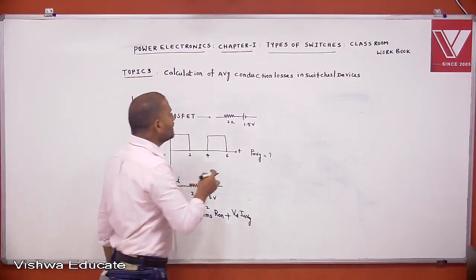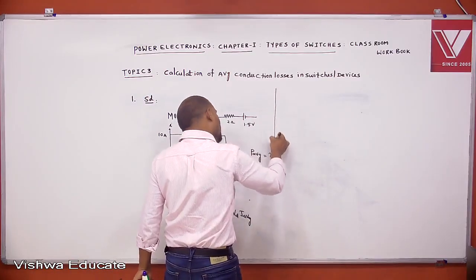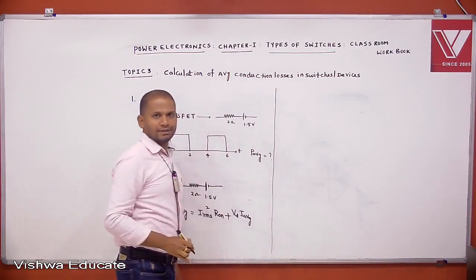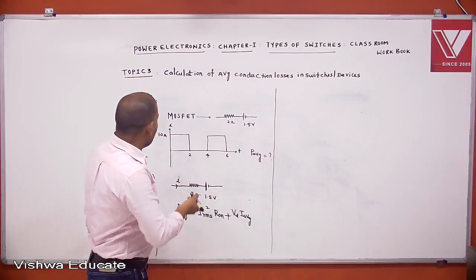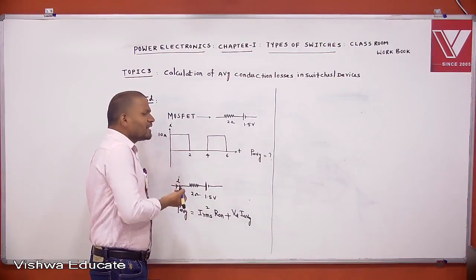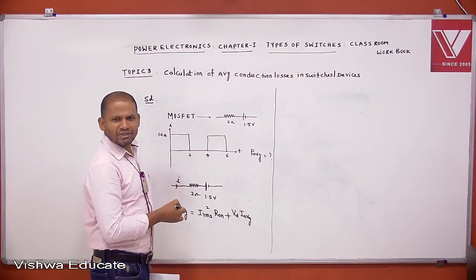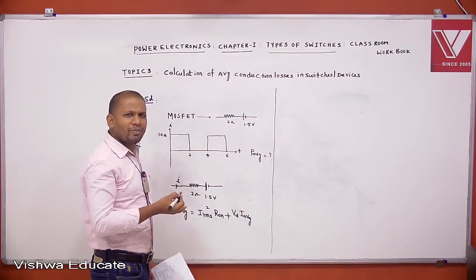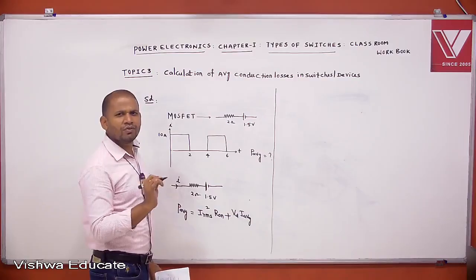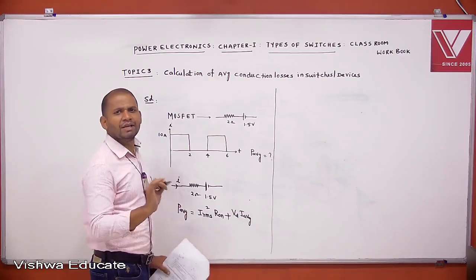Now for this current waveform, you want to calculate average and RMS currents. Many methods are there to calculate the average and RMS values, but the best method is the integration method.